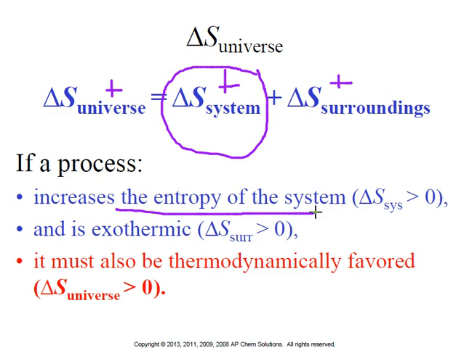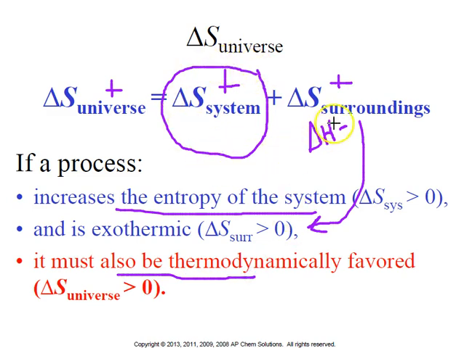And if the delta S of the surroundings is also positive, that means that the process must be exothermic, or the delta H must be negative. If these two things are true, then the process must be thermodynamically favored.